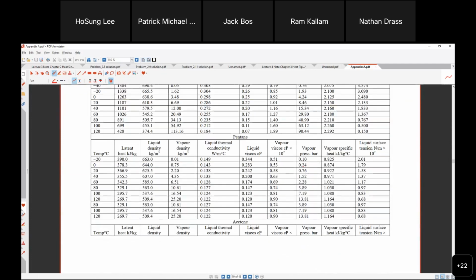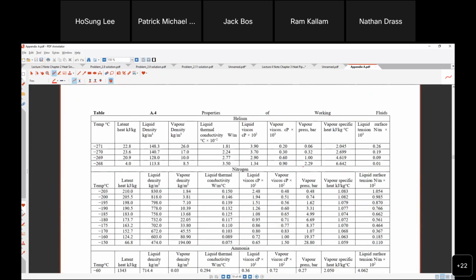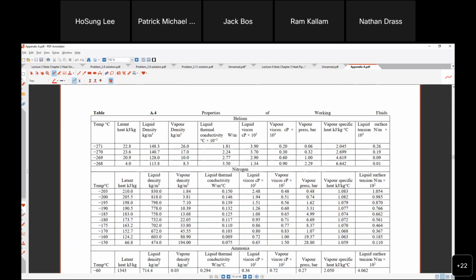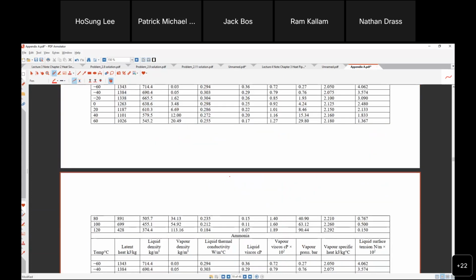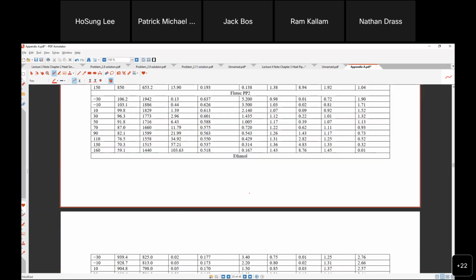Not this one. E4, I'm sorry, E4. I'm looking at not the book copy. The book copy is more clear, but we're looking for the water. I have a little problem looking for water.